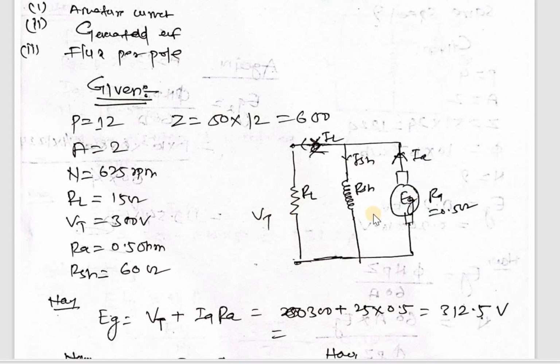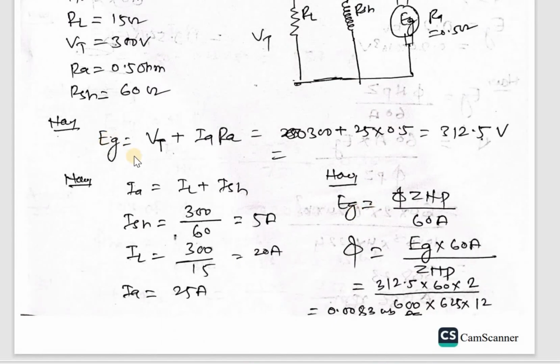We know EG equal to VT plus IARA, that is 300 plus 25 into 0.5, that is 312.5, and IA equal to IL plus ISH. So ISH is equal to 300 upon 60, that is 5 ampere, and IL equal to 300 upon 15, that is 20 ampere, and IA equal to IL plus ISH.